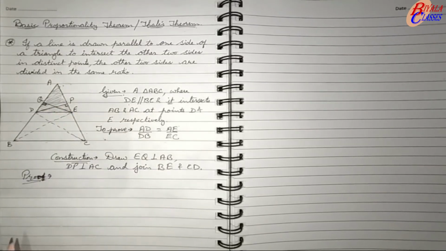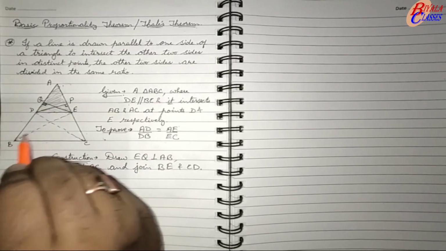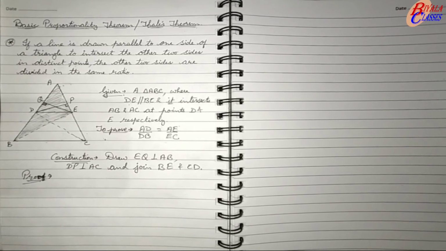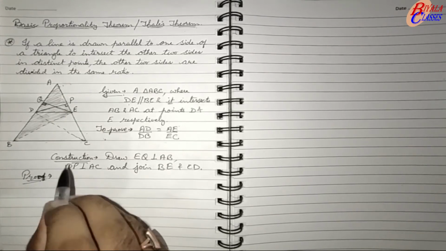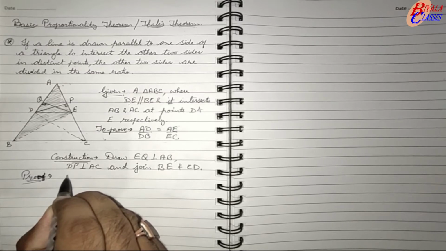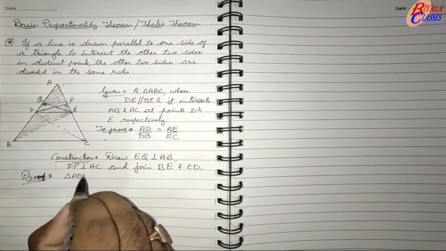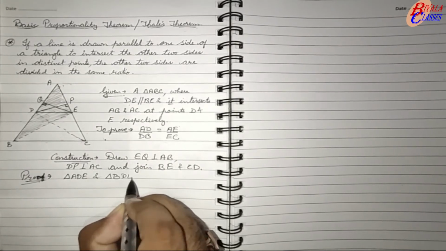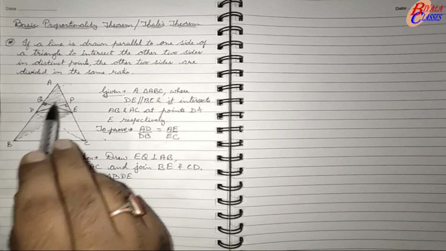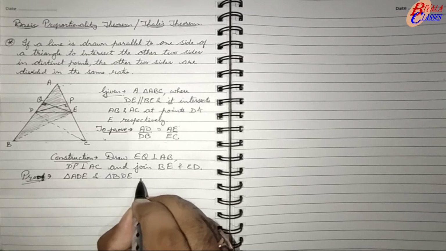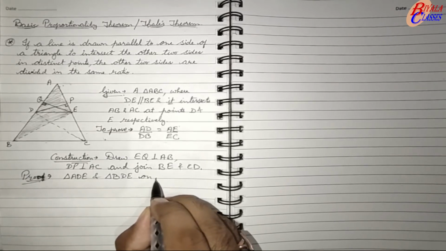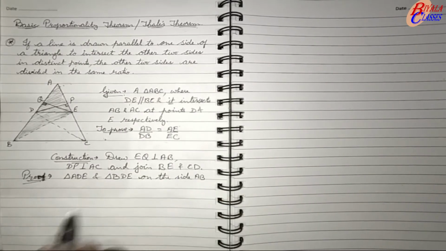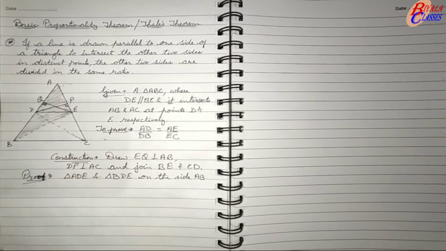Now this triangle ADE and the triangle BDE, hope you can see the shaded part. The two triangles here are formed on the side AB, that is on the side AD.